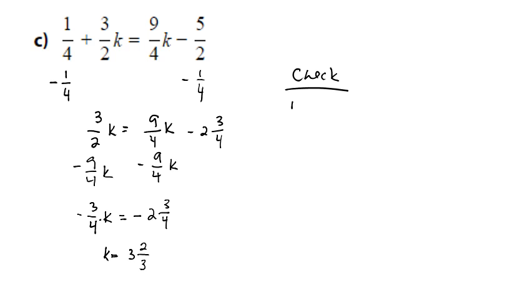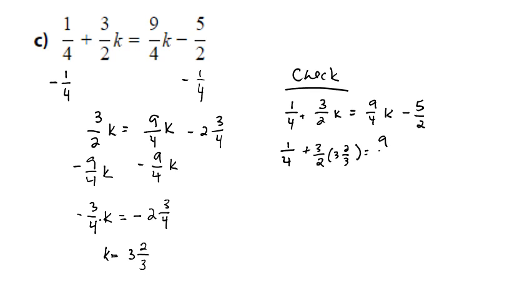So now I need to do my check. I start again with my equation of 1/4 plus 3 halves k is equal to 9 quarters k minus 5 halves. Now I'm going to substitute in my value of k. So I have 1/4 plus 3 halves times 3 2/3. Is that equal to 9 quarters times 3 2/3 minus 5 halves?